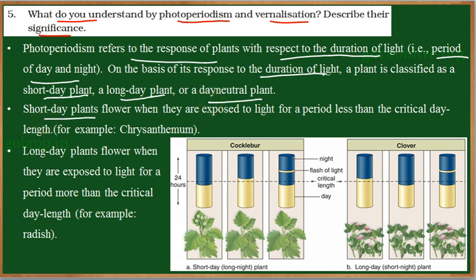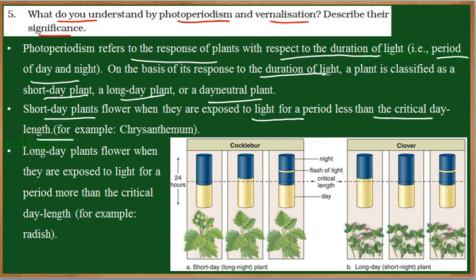A short day plant. Here you can see the short day plants. If you take the 24 hour length, this is night and this is day. If you compare the day and night length, the day is small and the night is longer. Short day plants flower when they are exposed to light for a period less than the critical day-night length.